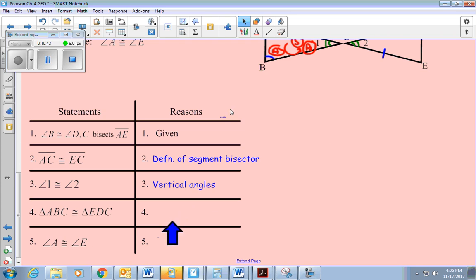So we look here in our definition. It's actually not written down there. So that's by angle, angle, side.